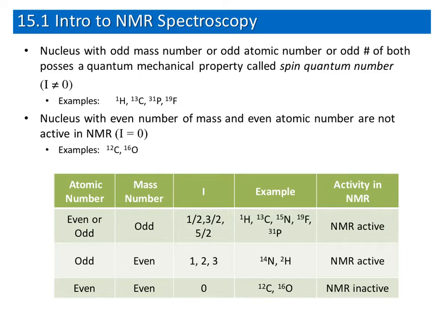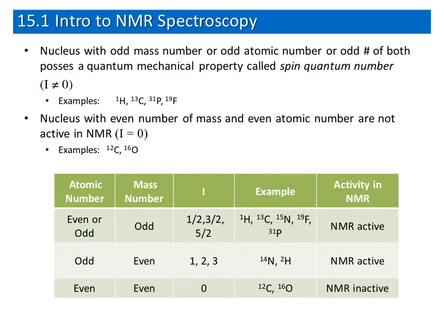So we are not going to focus on the theory behind NMR, but something that we need to know is that to have an active nucleus in NMR, the nucleus that we are studying should have a non-zero spin. So we are showing the spin of the nucleus with I, and that spin should be non-zero.